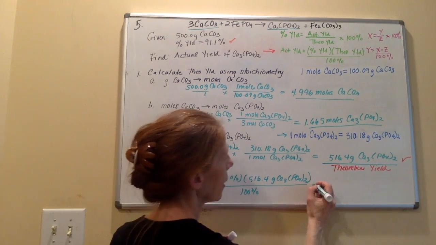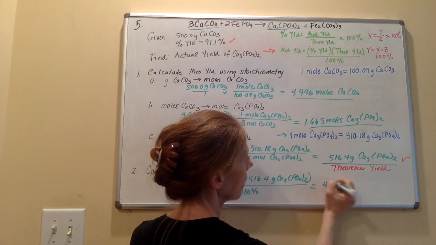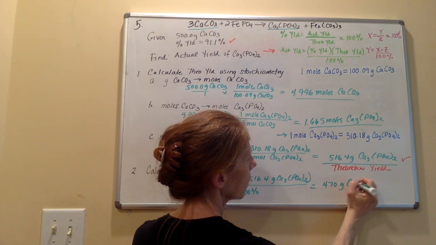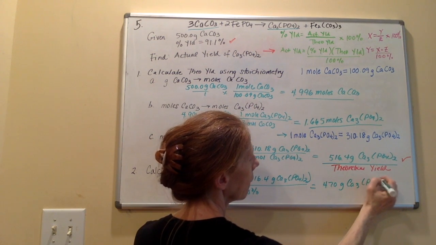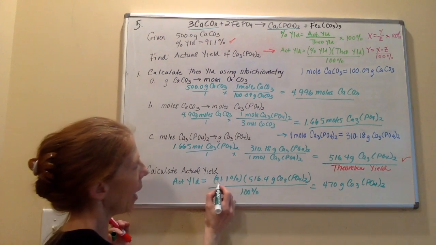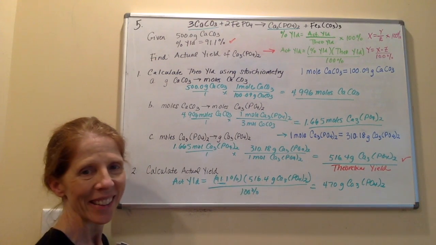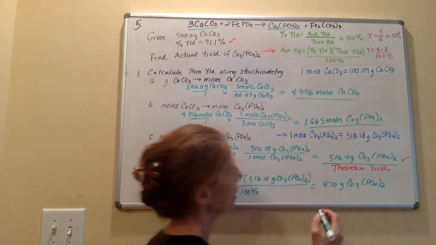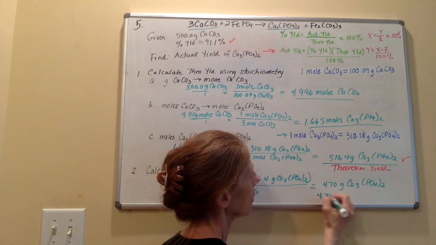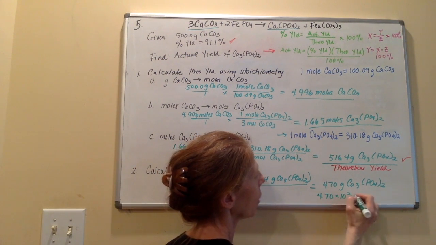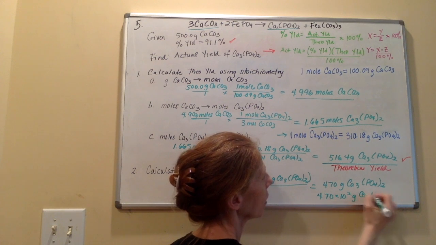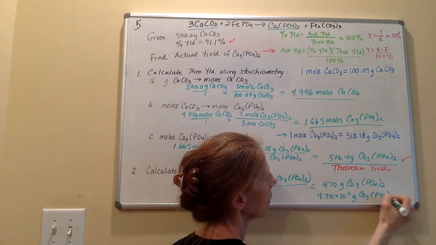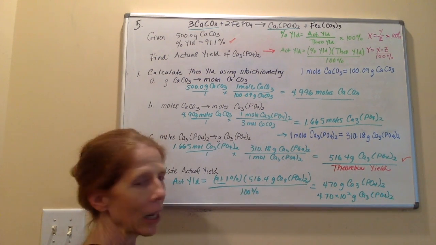And when I do that, I get 470 grams of calcium phosphate. However, I have 3 sig figs. So how do I write that so that it has 3 sig figs? I would simply write 4.70 times 10 squared grams of calcium phosphate. And that would be my final answer.